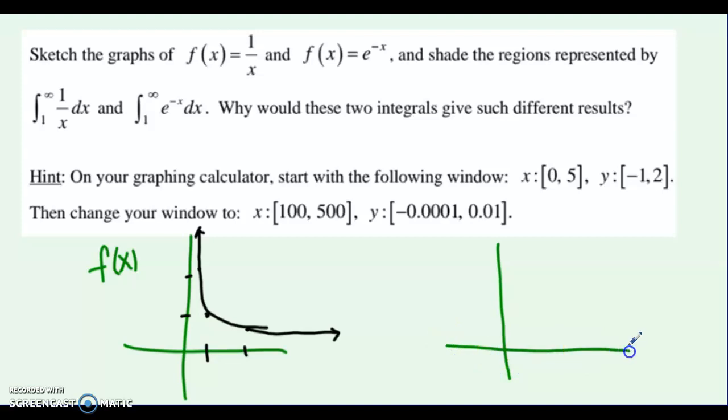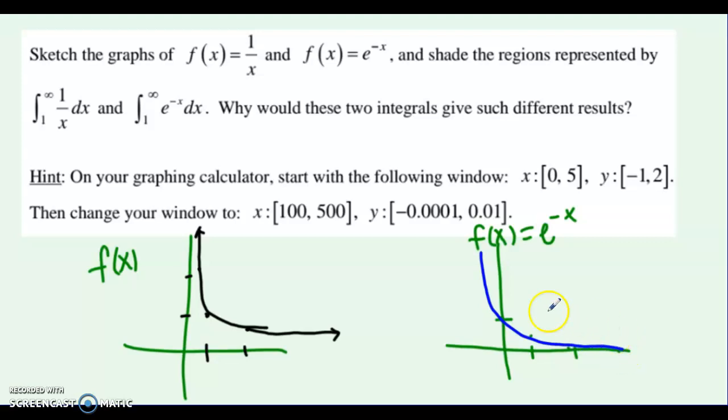Conversely, if we take a look at f of x equals e to the negative x, if we plug in 0, we're going to get 1. We've got 1 over e, and then they're a lot faster with this graph.